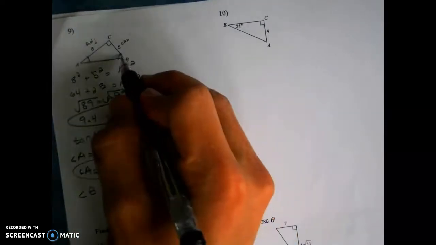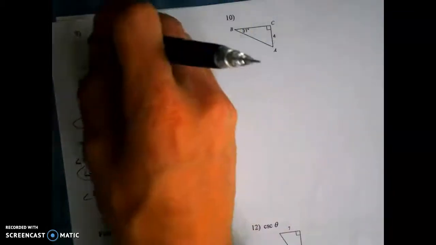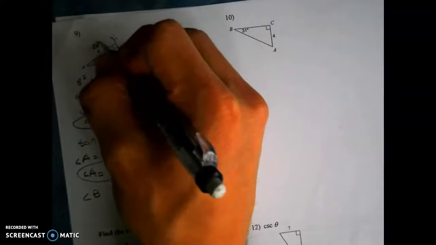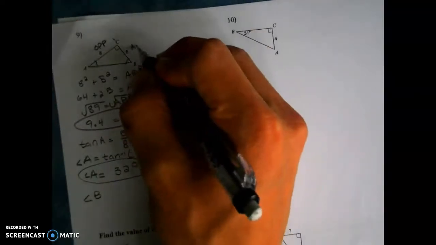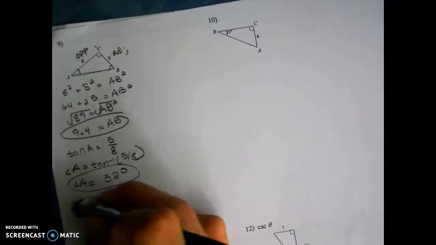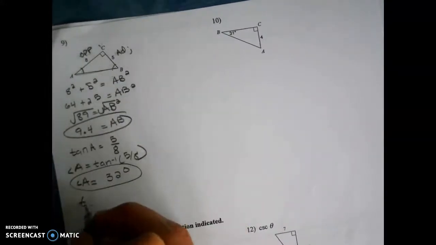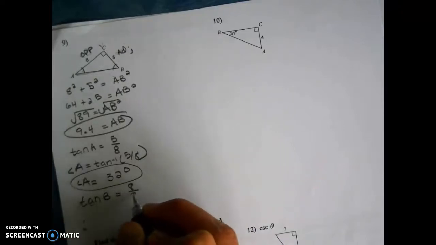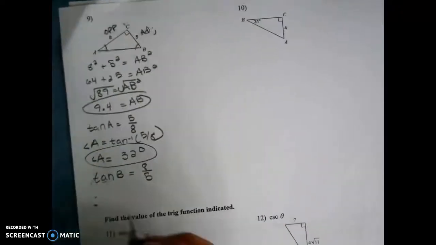Okay, is right here. Well, now these flip. So now 8 becomes the opposite. 5 becomes the adjacent. So here, I'm going to have the tangent of B is equal to 8 over 5. Use the inverse of tangent again.